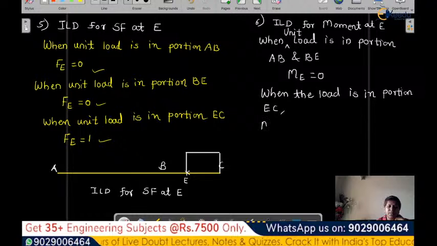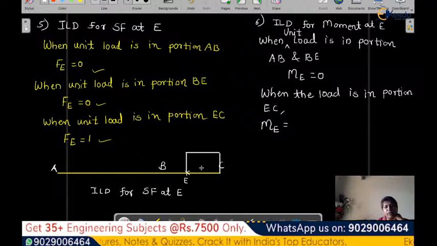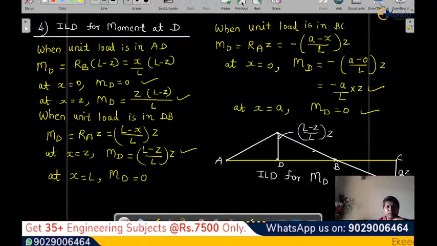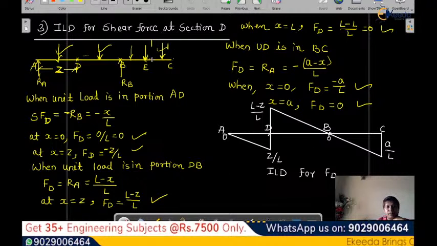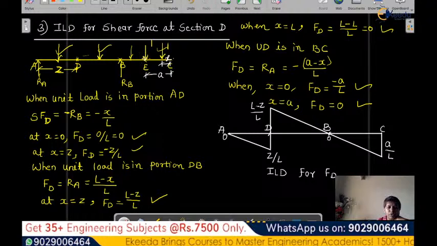the moment at E will be nothing but, let me show it with a diagram. When the load is in this portion, this distance is x, and the total distance is, sorry, this is not a, this is Z1.